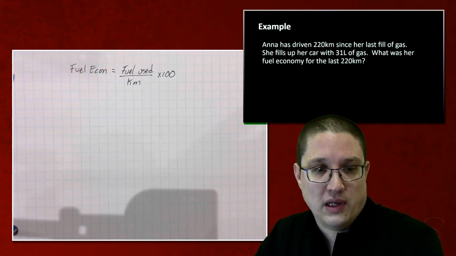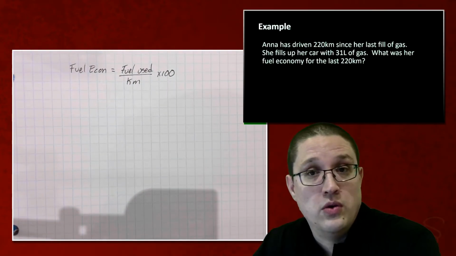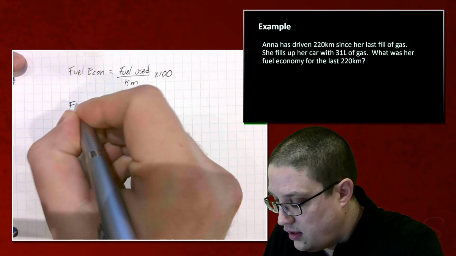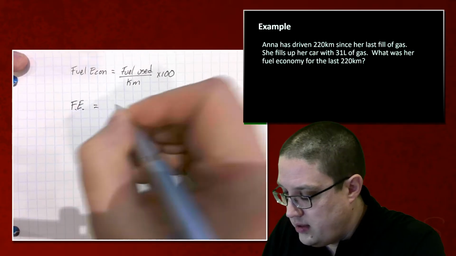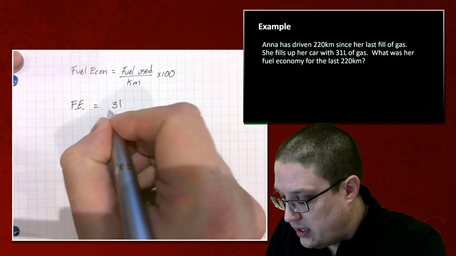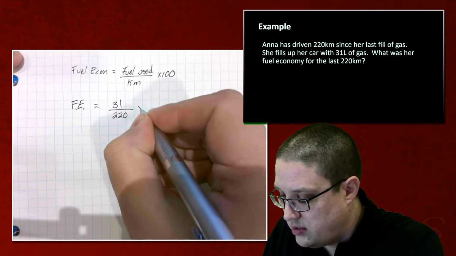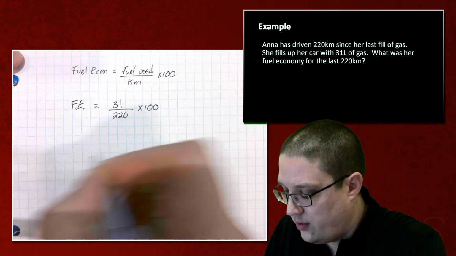Well, here's our formula. Our fuel economy is our fuel used divided by the kilometers times 100. So plugging this in, our fuel economy is 31 liters divided by 220 kilometers times 100.